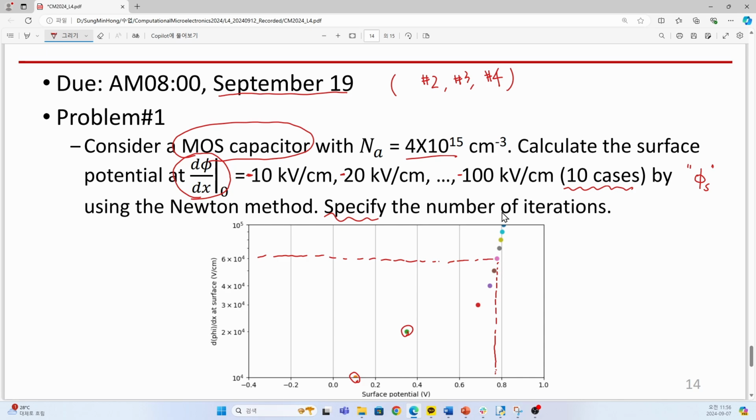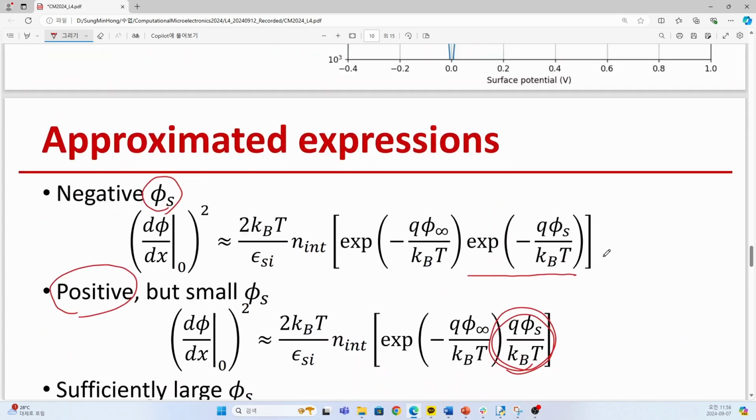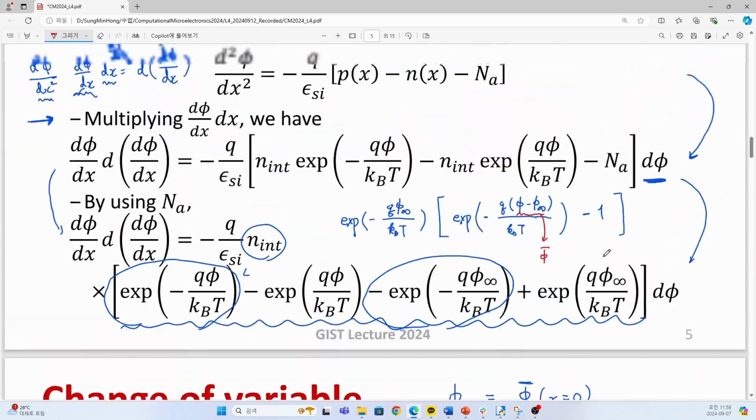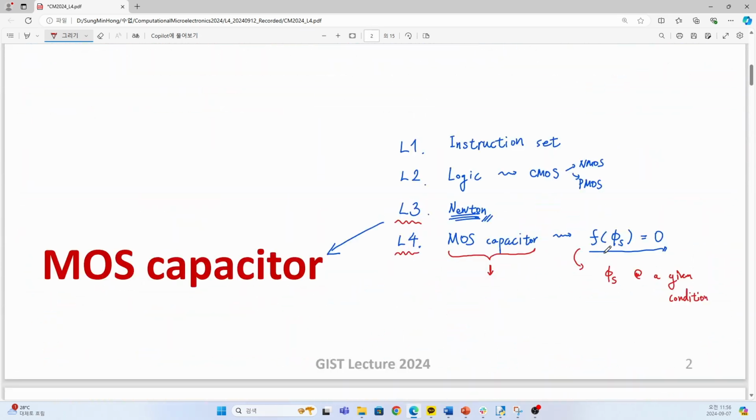Okay, so let me just summarize today's talk. As I told you before, at the beginning of our lecture today we thought about one equation about MOS capacitor. What was it? That was just a Poisson equation.